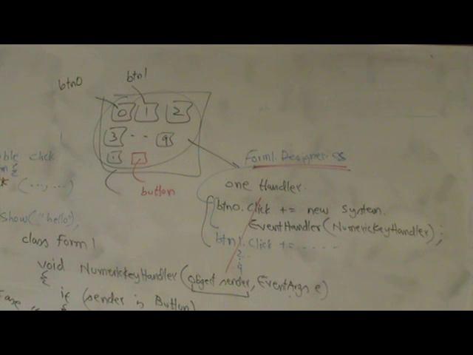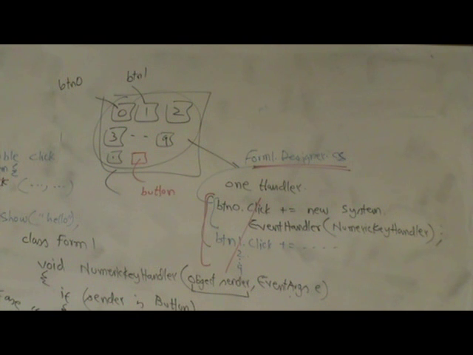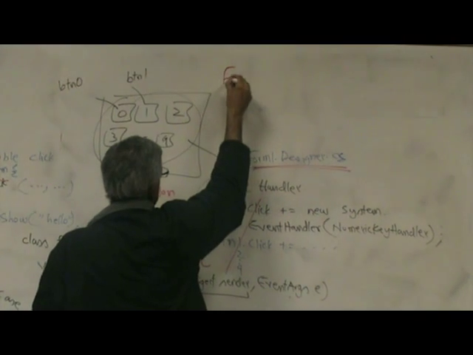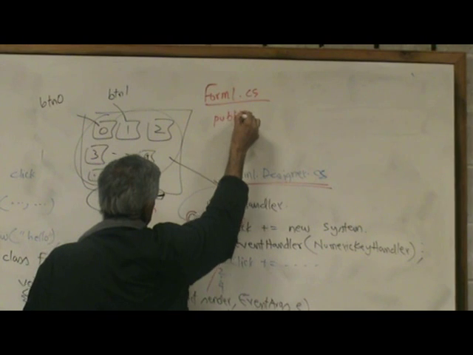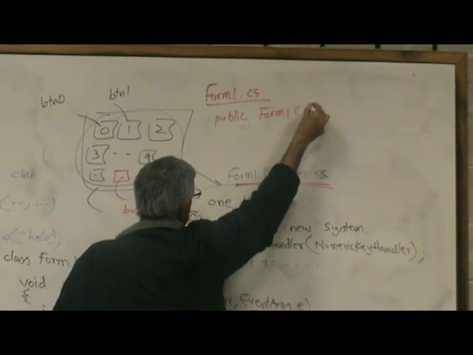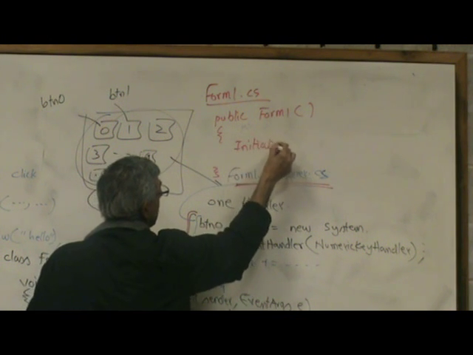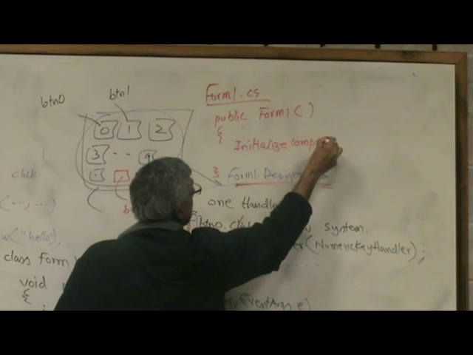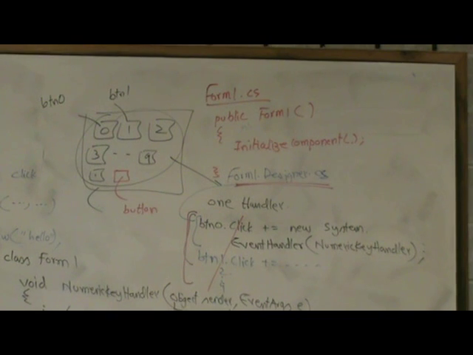So where should we write this code then? Because we want this to be triggered right in the beginning, you can write it in the constructor of Form1 in form1.cs. There's a constructor, public Form1, and there will already be a call over there called InitializeComponent, which basically generates all the UI, text boxes, and so on.